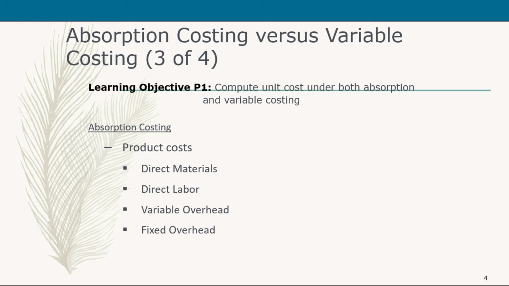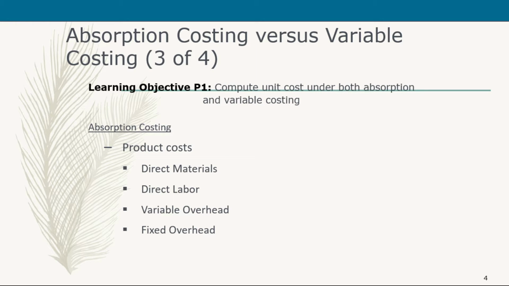Now, if you can recall again, your cost behavior pertains to variable overhead. The variable overhead cost, just like with any variable cost, varies with regard to your activity or cost driver. It is constant in unit cost. While your fixed overhead is constant in total, and it is inversely related to your cost driver or activity.